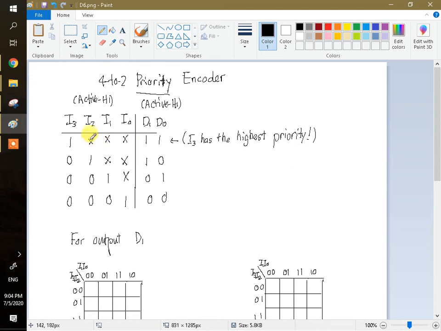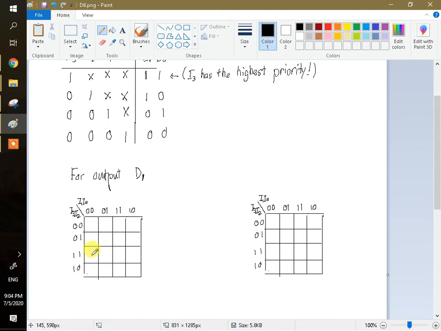Don't care means it can be 1 or 0. So let's assume all 1: 1, 1, 1, 1 here.